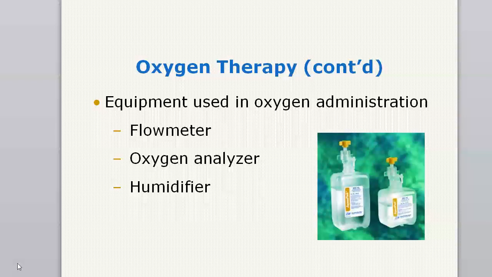There's many different types of oxygen that we can provide to our patients, and it just depends on how hypoxic they are and how much assistance they need to get their PaO2s up more than what is actually occurring.